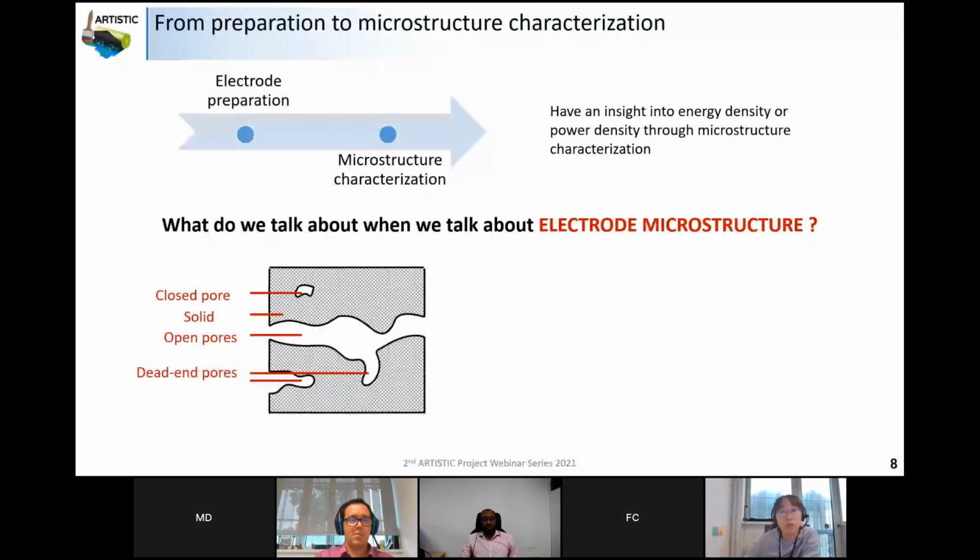In a porous solid electrode, there are several kinds of pore, like the closed pore, the open pore, and the dead-end pore. The open pores are the main channels through which lithium ions can pass, and the electrochemical reaction takes place.